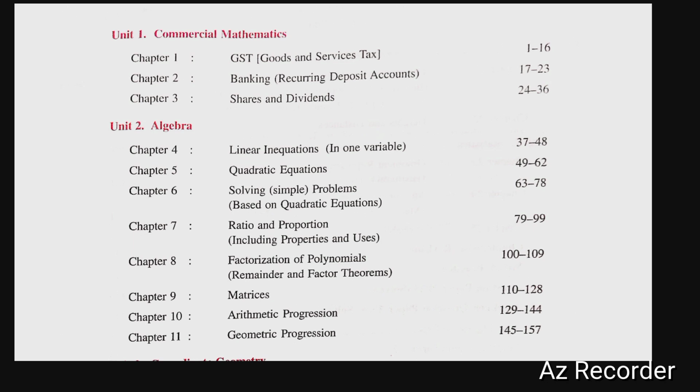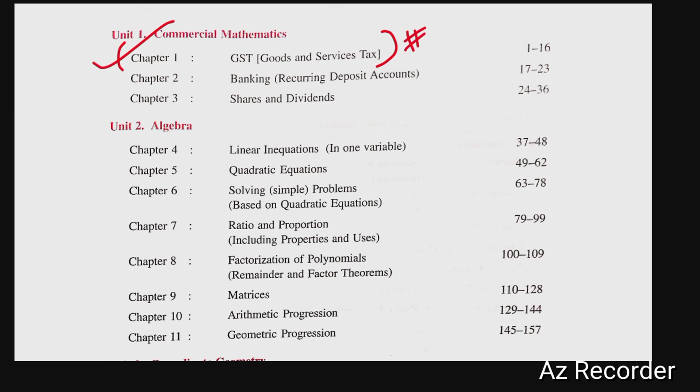The first topic is commercial mathematics, which includes 3 chapters: GST, banking, and shares and dividends, of which the first chapter, GST, is comparatively easy if you understand the concept: the intrastate transaction, the interstate transaction, the net tax, etc. This chapter becomes very handy if you know where to apply IGST, where to apply CGST and so on. So let's keep this GST chapter aside.